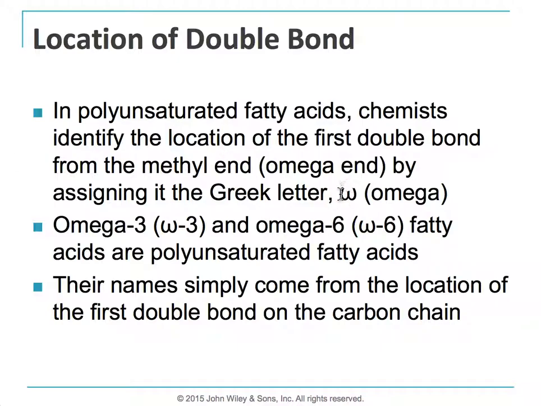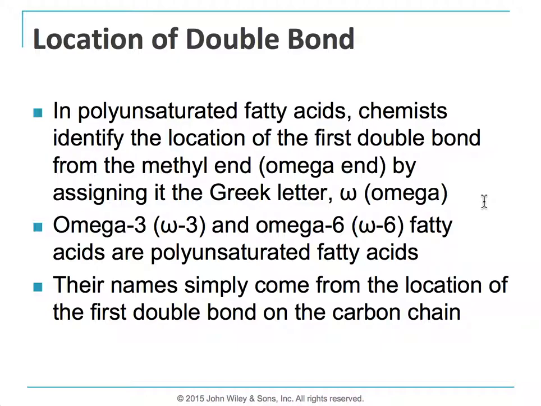That's the Greek letter right there. It looks kind of like a W. That's called an omega. So what we're talking about, and you'll see an example on the next slide, is counting in the carbons from that free end of the fatty acid.